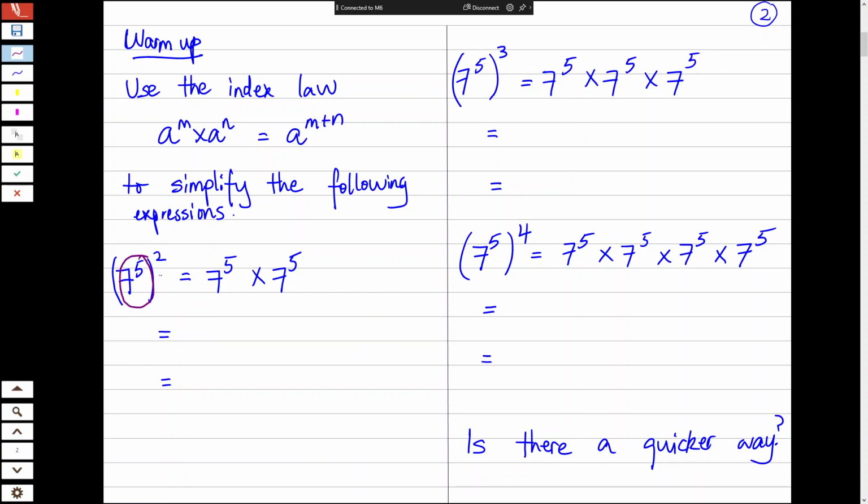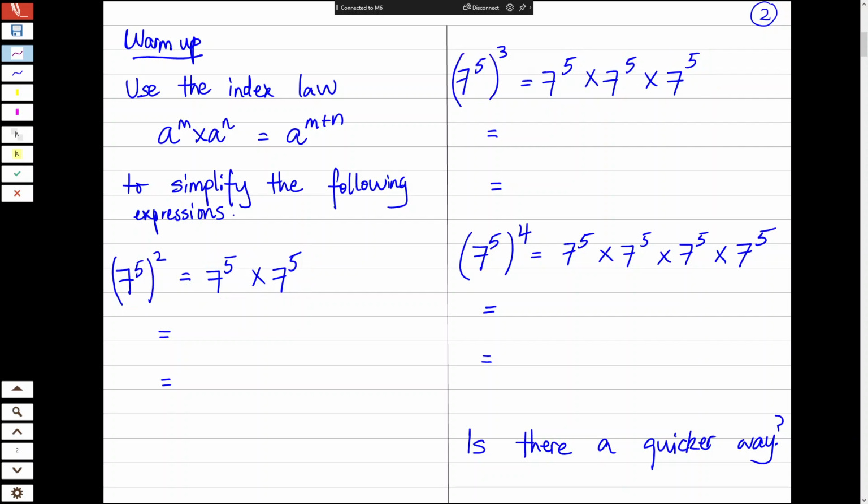So see how I've circled 7 to the 5? I've repeated it 2 times because I've got a power of 2. Here, I've got 7 to the 5, and I've repeated it 3 times because the power outside the bracket there is 3.